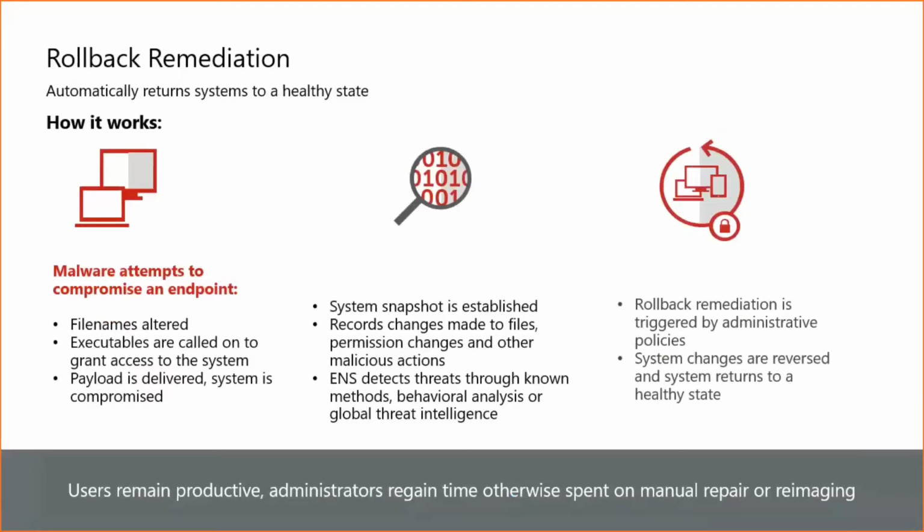But the problem is, by the time ATP finds out it's actually malicious, the damage is already done. So with enhanced remediation, or rollback remediation, McAfee is able to stop the process, delete the file, and rewind back to a state before the endpoint launched the program. You'll see that in action in the demo later.